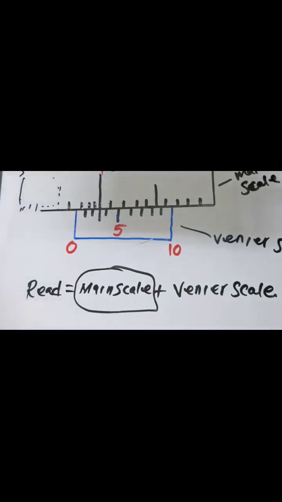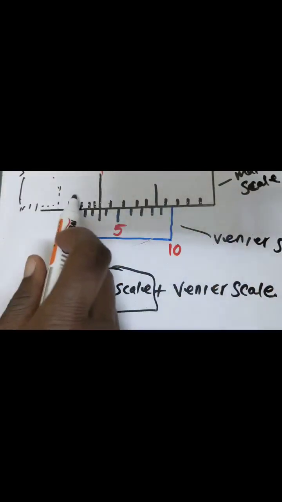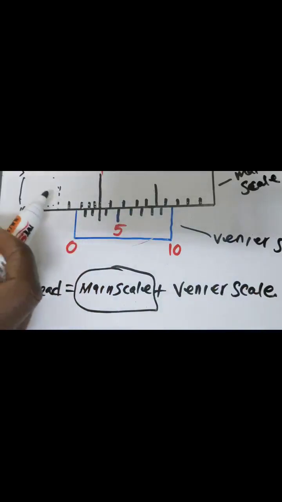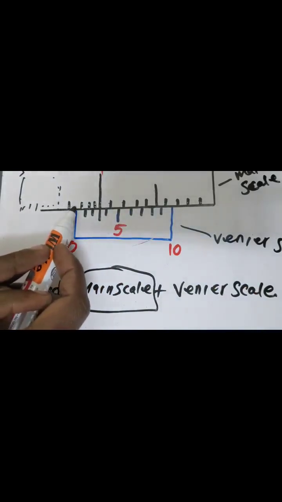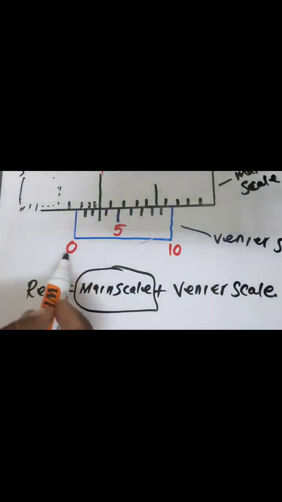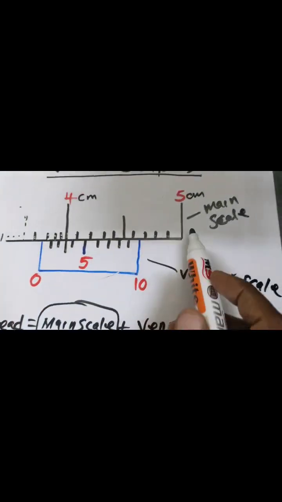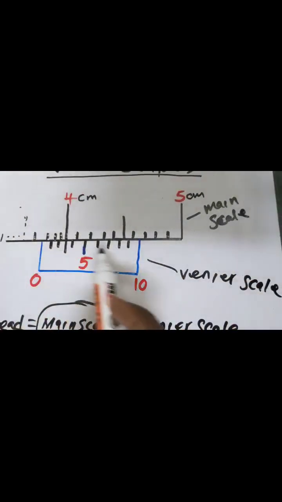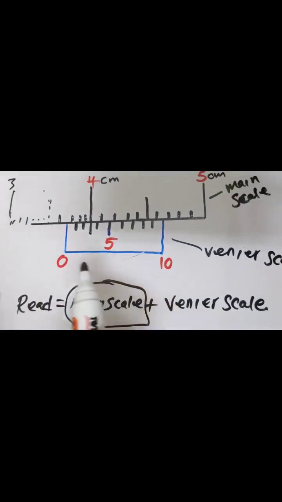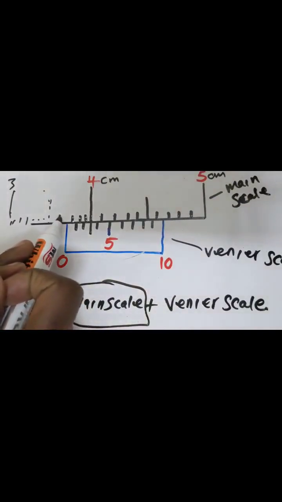So we're saying get the reading of the main scale, this one on top, before the 0 reading of the Vernier scale. We have said that this is the main scale and this is the Vernier scale. So get the reading of the main scale before the 0 reading.